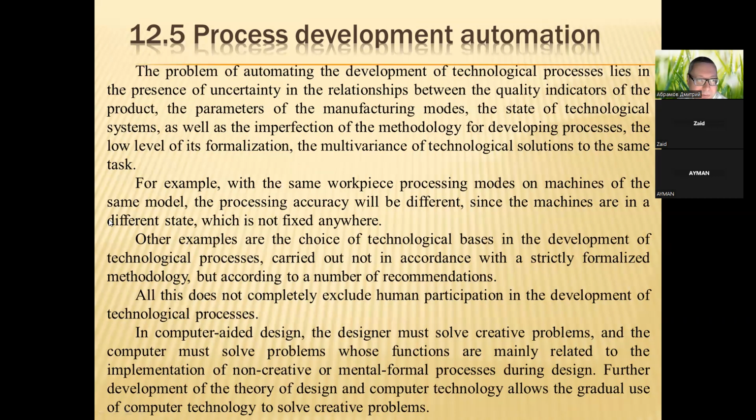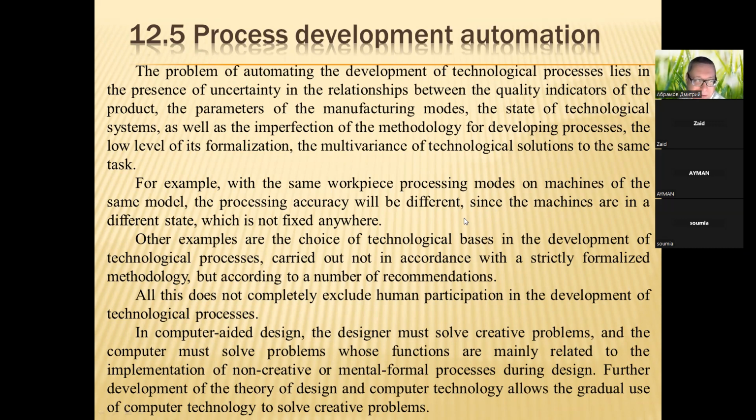For example, with the same workpiece processing modes on machines of the same model, the processing accuracy will be different since the machines are in a different state which is not fixed anywhere.